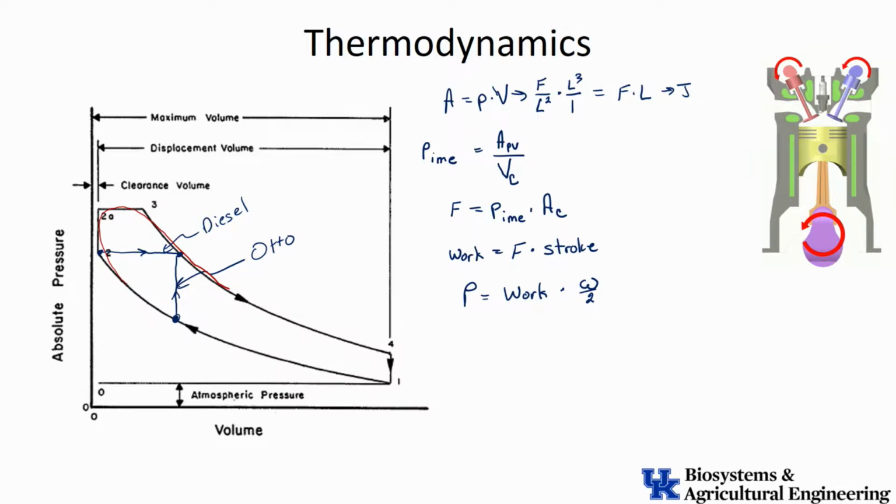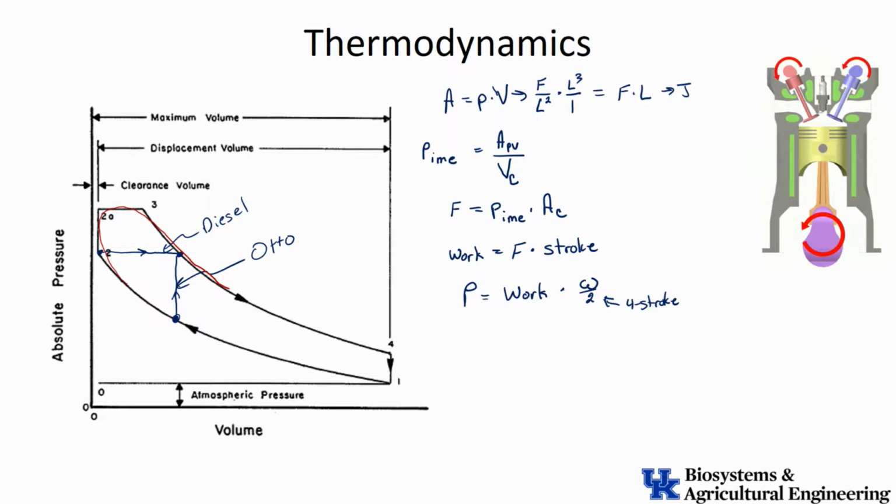Now, here's where you can see the big difference. If we put the 2 in there because we have a 4-stroke engine. If we had a two-stroke engine, we wouldn't need to divide that by 2, and that's where we can see numerically how much more power we can get out of a two-stroke engine.